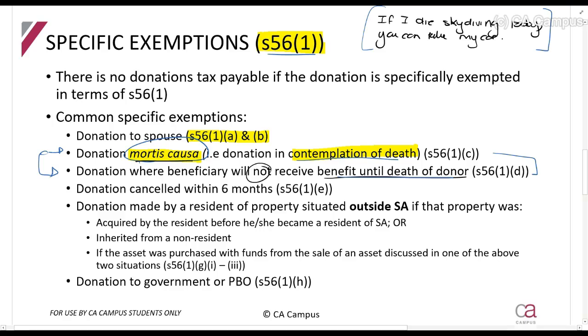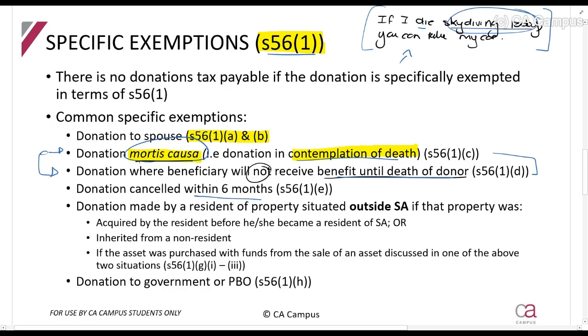In the first one, I must die doing something specific, skydiving today. The other one, I say, you will get my car. Maybe I'll die tomorrow, maybe a month from now, maybe 10 years from now. Doesn't matter, at some point you are going to get the car. Can you see the difference there? The one, I must do something specific, and the other one is, you will definitely get it, you just have to wait for me to die. That's the difference.